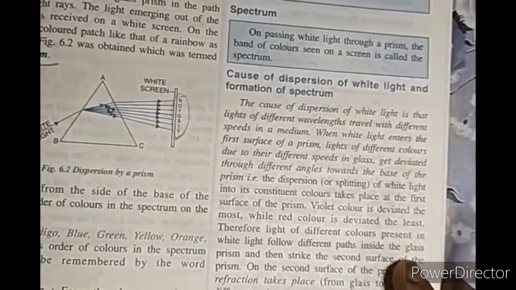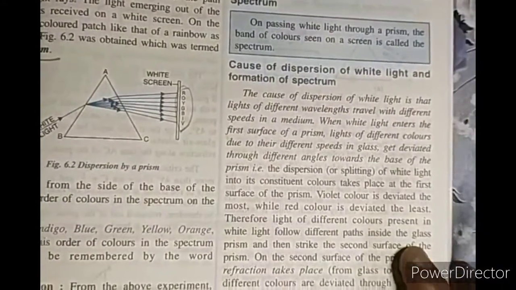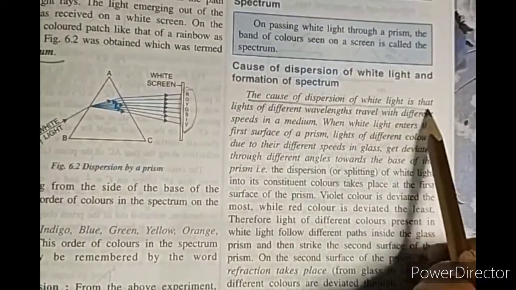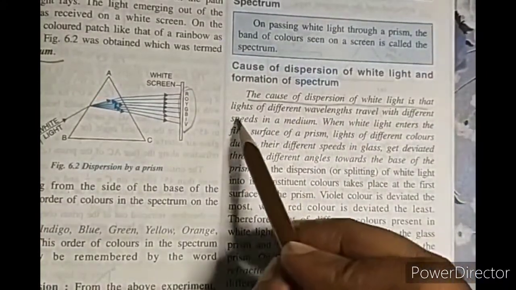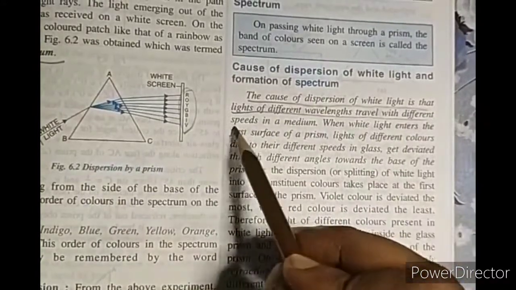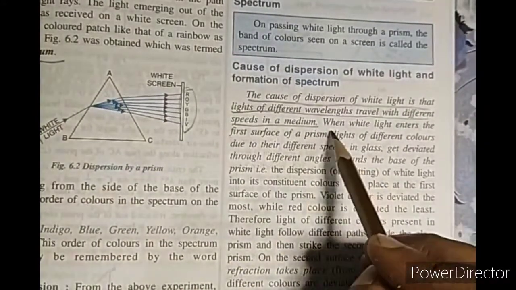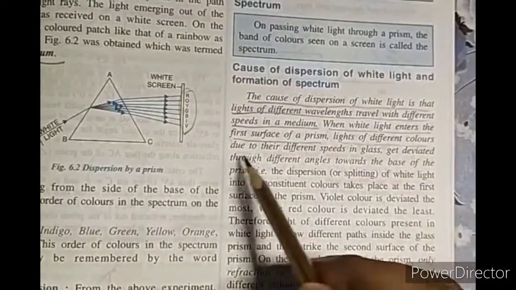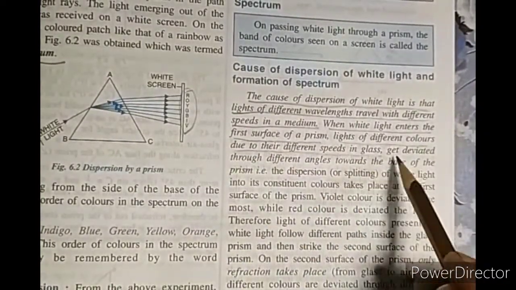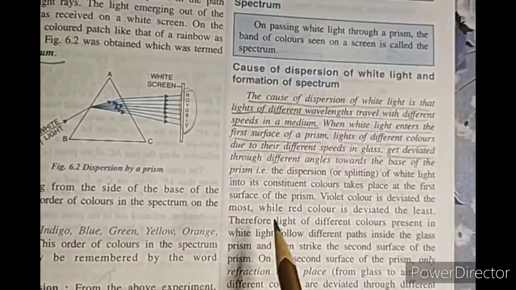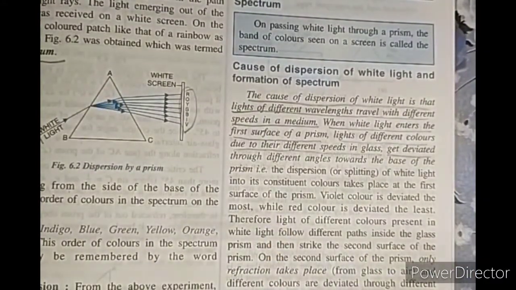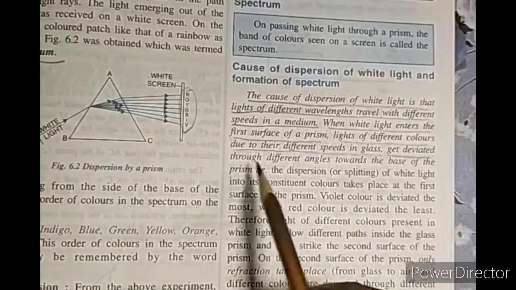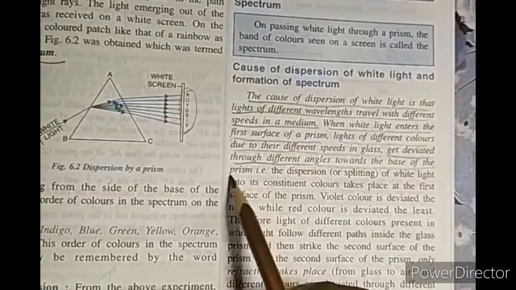Then let us try to understand the cause of dispersion of white light and the formation of the spectrum. So why does this happen? The cause of dispersion, which I have discussed already, is that lights of different wavelengths travel with different speeds in a medium. When white light enters the first surface of the prism, lights of different colors, due to their different speeds in glass, get deviated through different angles towards the base of the prism.